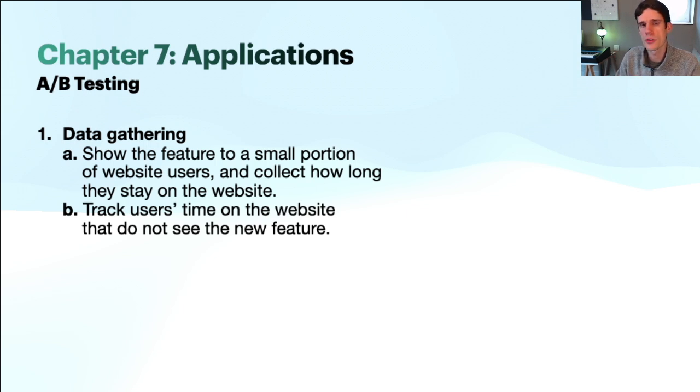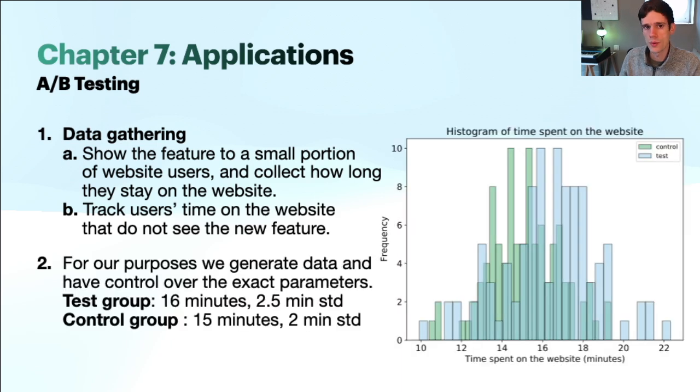So how do we of course do this in this course? Well, as always, we generate our own data sets. Now in this case, we generated the data in the following way. The test group, which is the subset of people that are shown the new feature, so the automatically playing video, has an average time spent on the website of 16 minutes, and the standard deviation is 2.5 minutes.